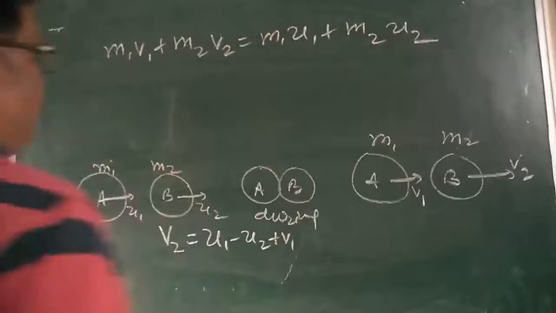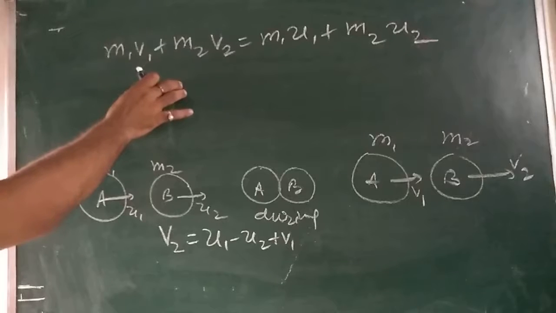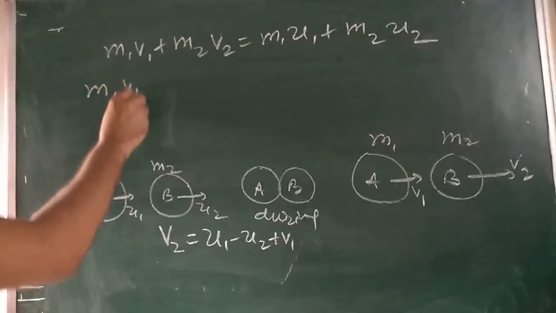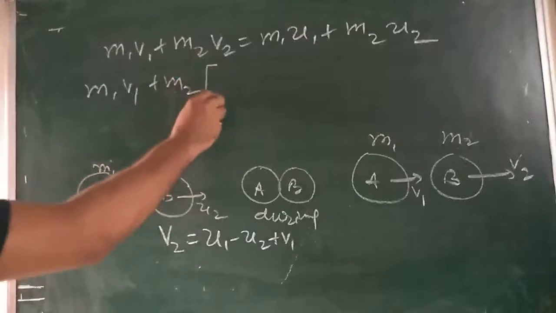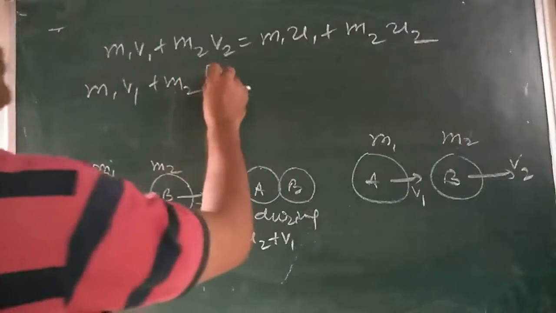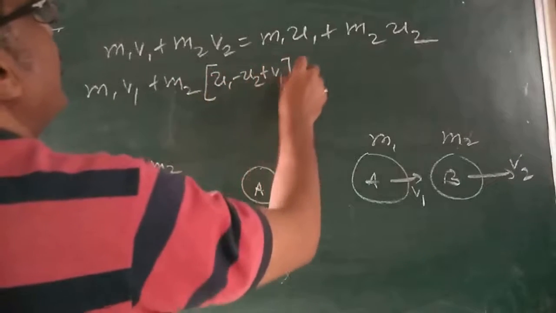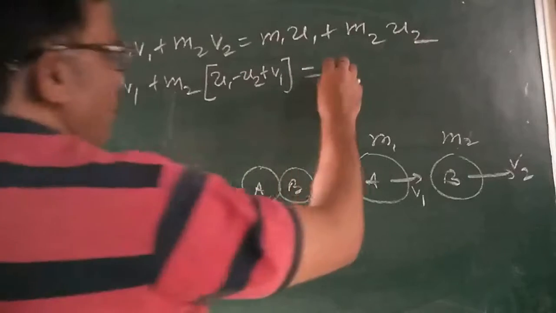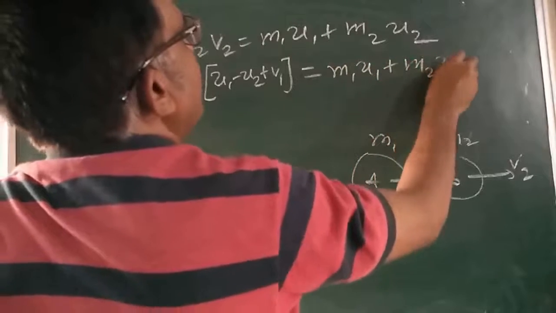In this equation, put the value of v2, that is u1 minus u2 plus v1. Then this is equal to m1 u1 plus m2 u2.